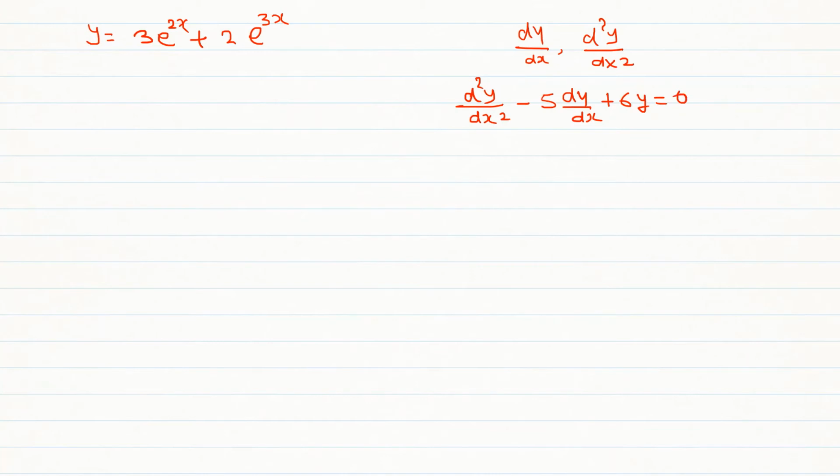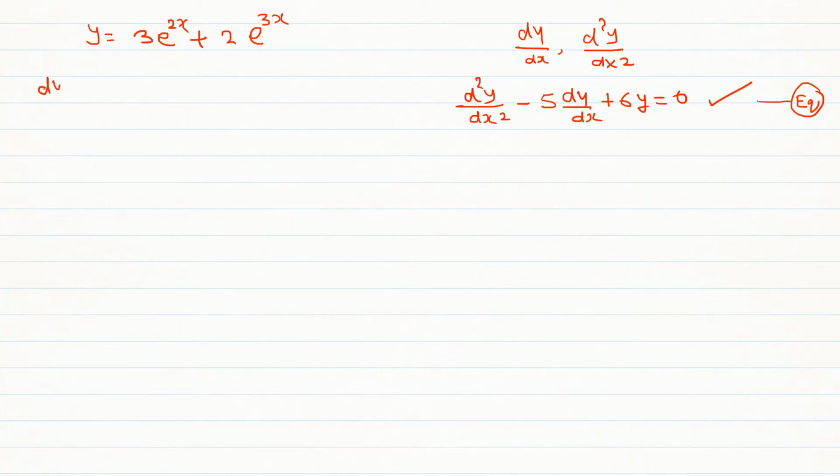Though still you can find the second derivative and manipulate the right hand side to get this expression, it is a good idea to solve for the first derivative and second derivative and substitute all the values back in this given equation to get the final answer. So this is the final thing that we have to prove.